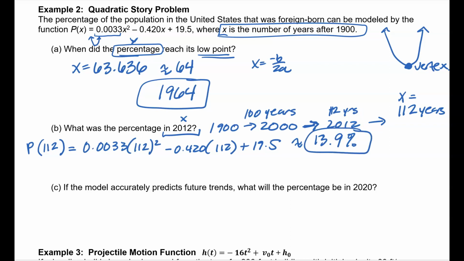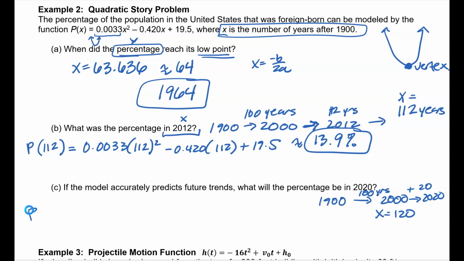And then see if the model accurately predicts future trends. What will the percentage be in 2020? You do the exact same thing you did there. Going from 1900 again to 2000 is 100 years, and then we add another 20 to that, we get X equals 120.